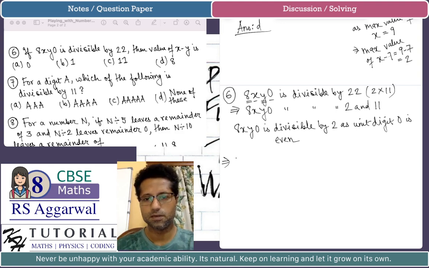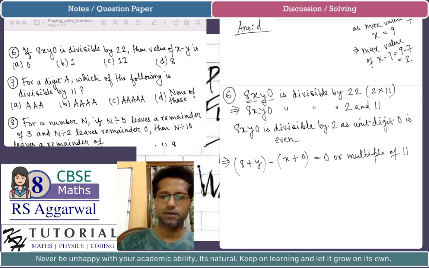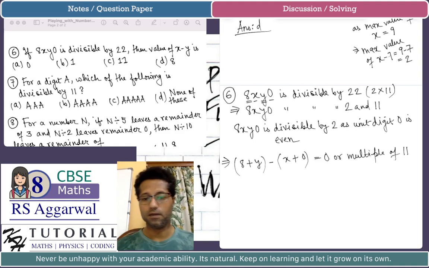So this implies 8 plus y minus x plus 0 is equal to 0 or a multiple of 11. This is the condition that the given number will be divisible by 11.